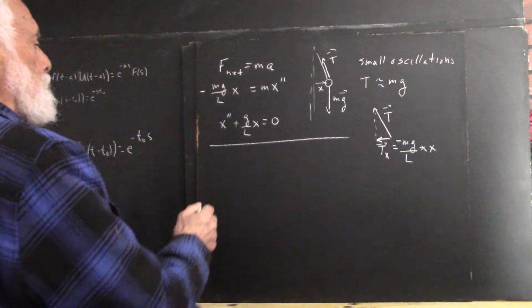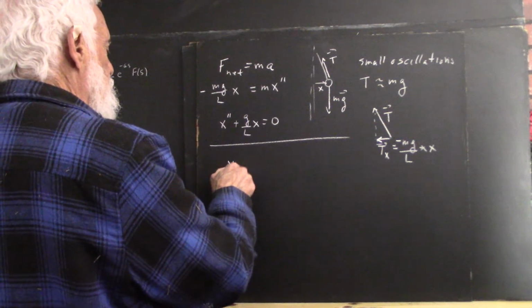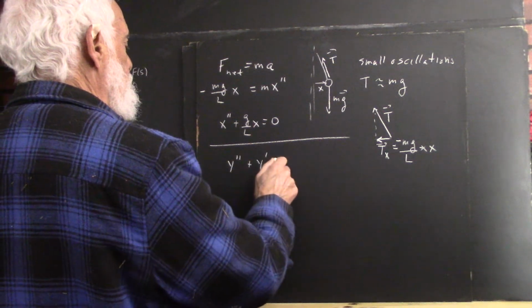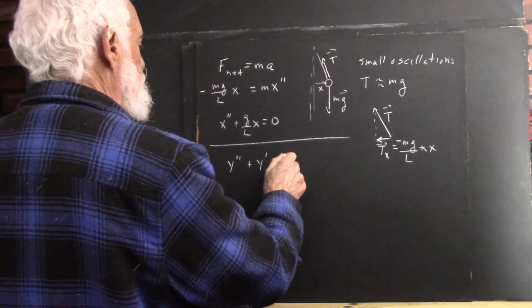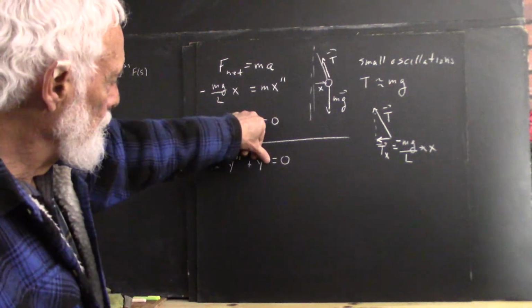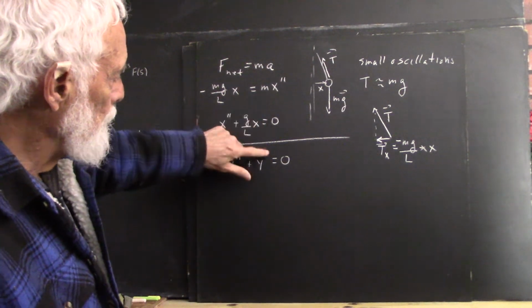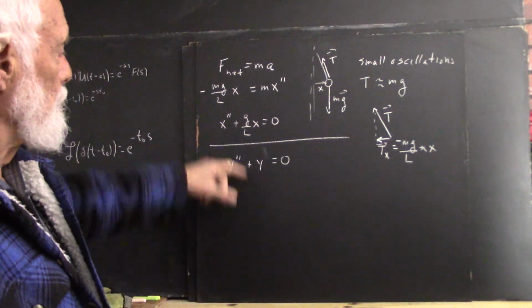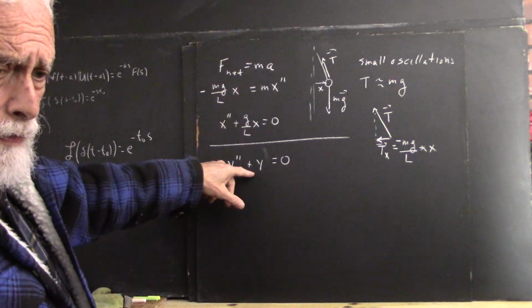Okay. The general equation would be y double prime plus y prime plus y equal to 0. Okay, just like this one, except we don't have that g over L here.